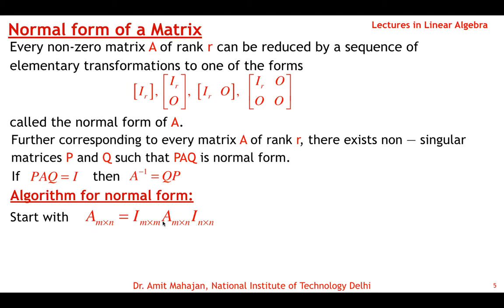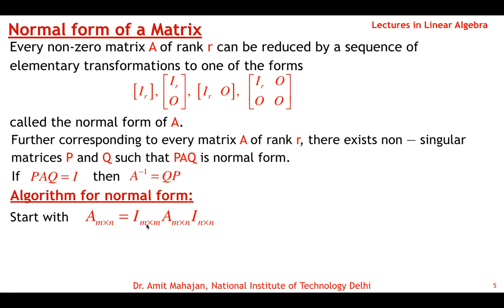So the idea is that we apply elementary transformations, the row operations or column operations, and reduce the matrix A on the left hand side of this equation to one of these forms. Whenever we apply row operations on this matrix, the row operation will impact the pre-multiplied matrix.